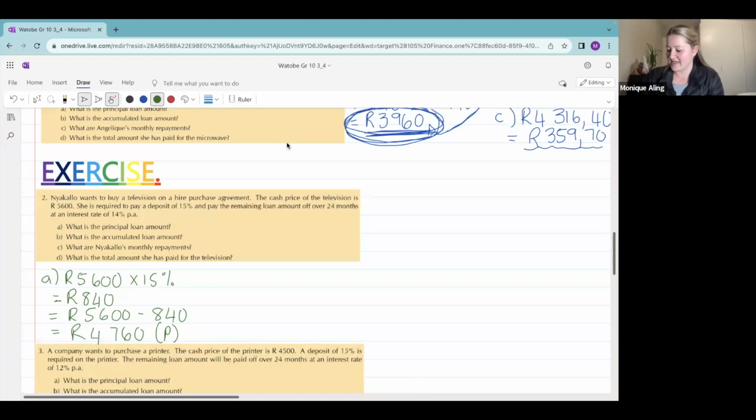Okay, so for B, okay, there's our formula. We've just worked out P, so I'm going to put P into my formula. 1 plus my interest rate is 14%. And my years, she is paying it off over 24 months. 24 months is 2 years.